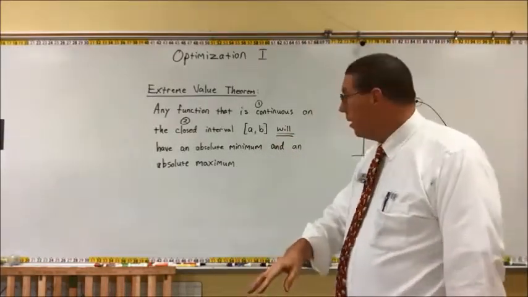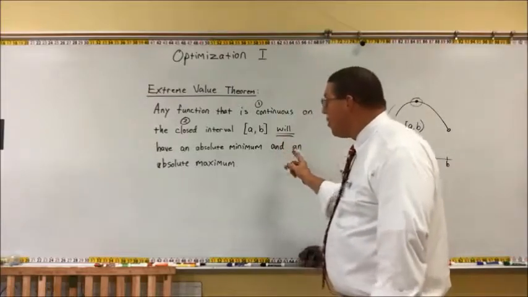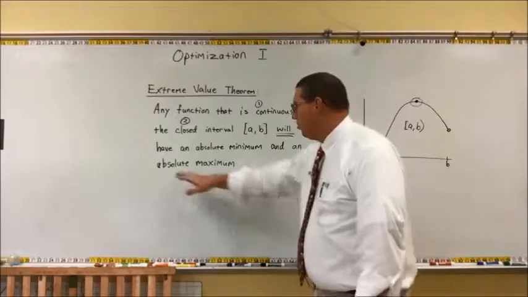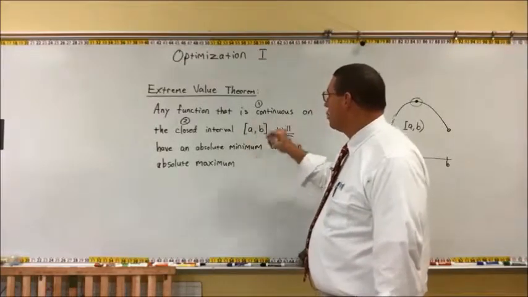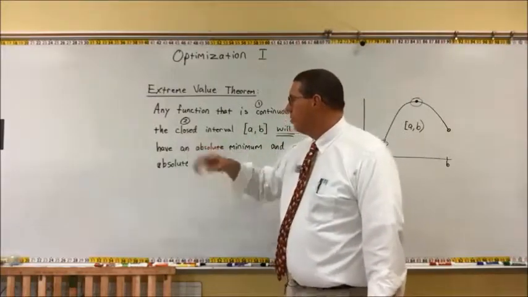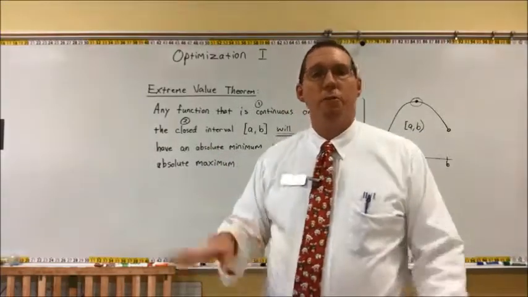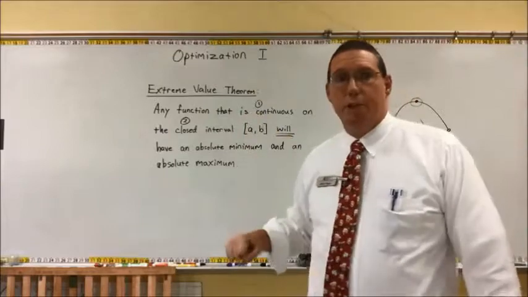There is no theorem that guarantees that there is no absolute minimum and no absolute maximum if the function is not continuous or not on a closed interval. So you can't do the opposite of the extreme value theorem.